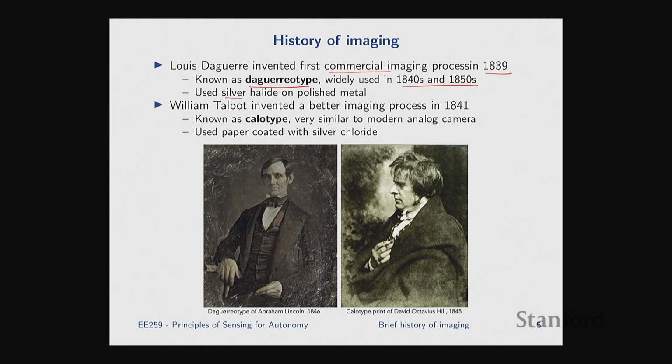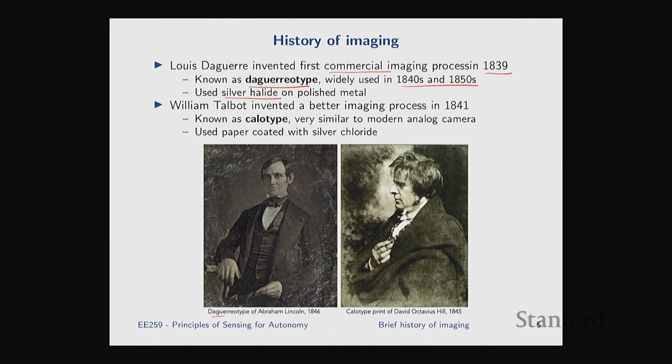It used silver halide on a polished metal, and you would expose it to light and an image would form on the metal. If they're done right, and it's difficult to do right, you get images of exceptional quality. Even the best digital cameras today cannot beat daguerreotypes in terms of image quality.